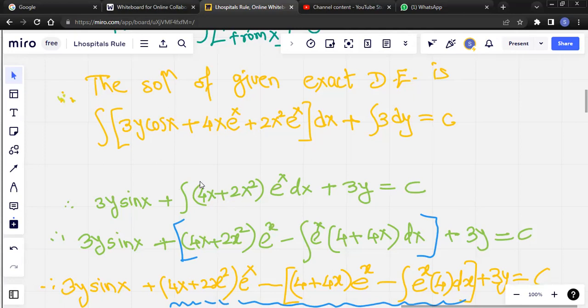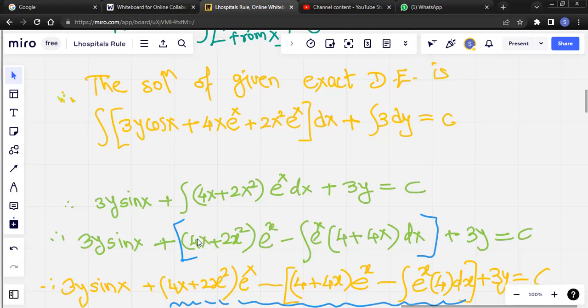Now we have to apply our by parts. Which will be our first function? We apply the LIATE rule. Exponential is always given last preference, so this is our second function and this is our first function. First function as it is, into the integration of e^x which is e^x, minus the integral of whatever we have got here, and the derivative of the first term.